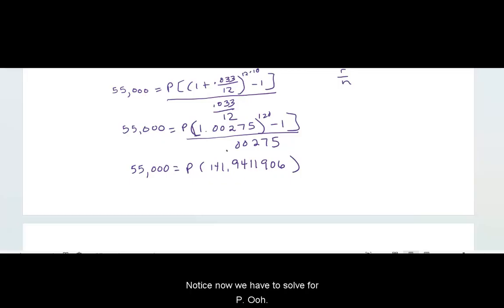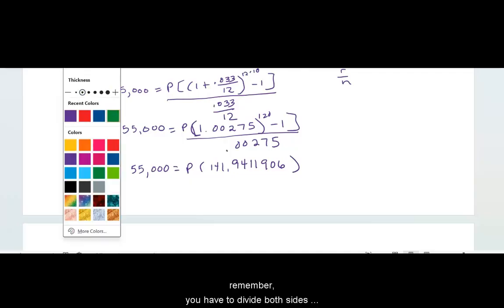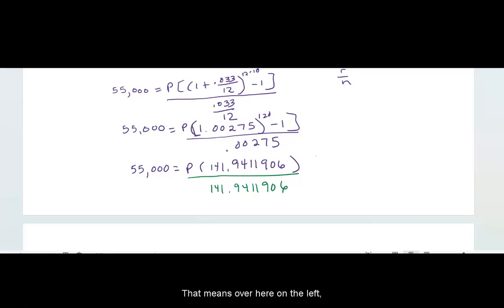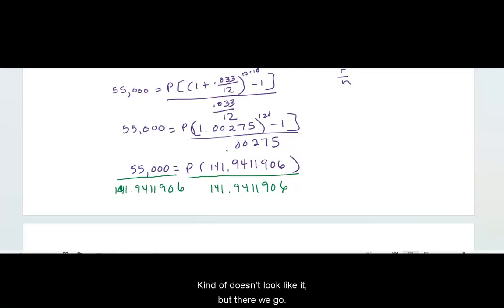Notice now we have to solve for P. So when we have to solve for P, remember you have to divide both sides by that number. That means over here on the left, this is what I'm dividing that by. All right, that should be a 4. Kind of doesn't look like it, but there we go. Now you're going to take 55,000 divided by that number.